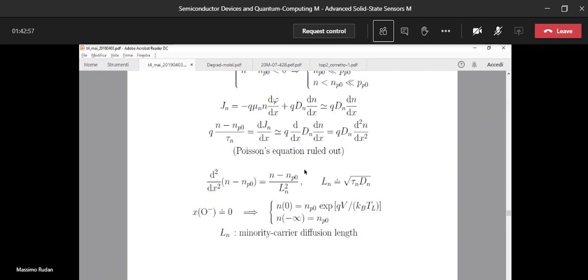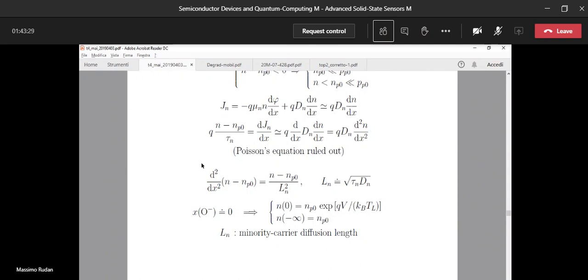In conclusion, when we consider the minority carriers in a neutral region, in this case the p region, okay, we are able to reduce the problem to the solution of a single second order equation that you can see here.